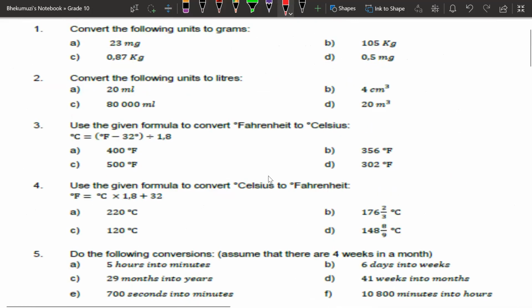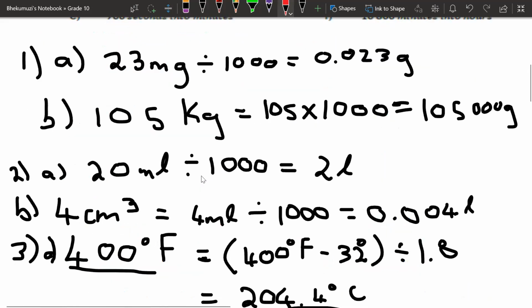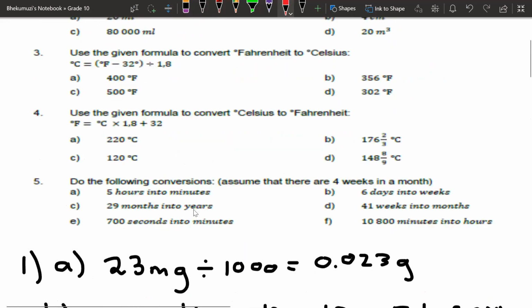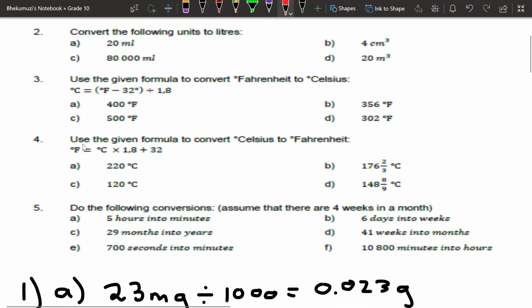And then when you convert 356 degrees Fahrenheit to degrees Celsius, we take 356 degrees Fahrenheit minus 32 degrees, all divided by 1.8, and that gives us 180 degrees Celsius, right?